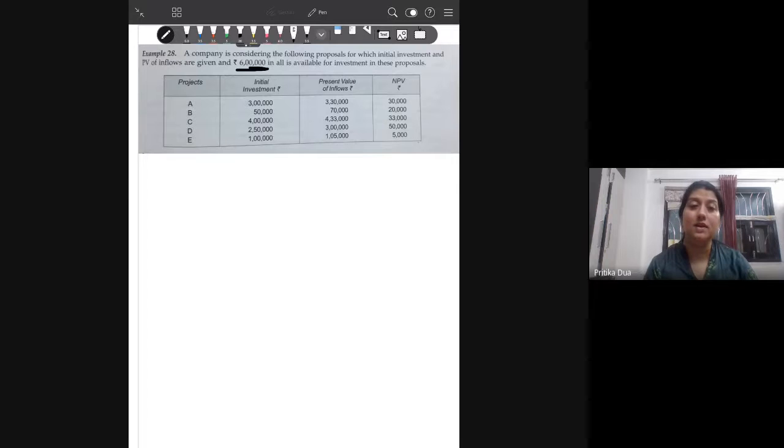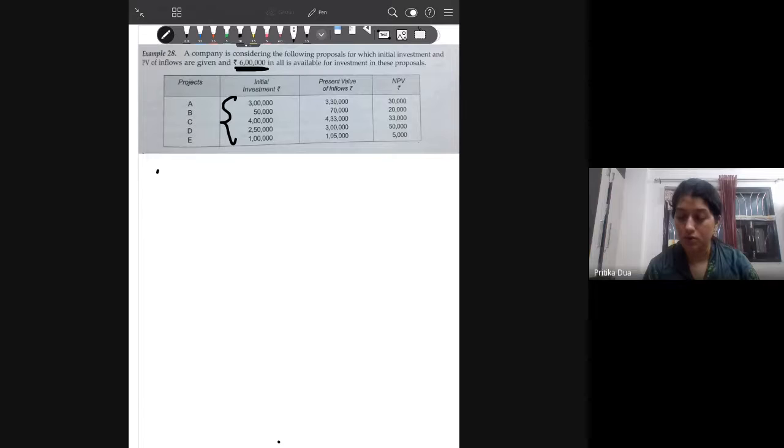You can clearly see that all the projects have positive NPV. Had all this initial investment been same, you would have started with the projects with the highest NPV. But the problem is that initial outlay is different. So we'll have to use capital rationing here to select the most profitable projects within the budget constraints.